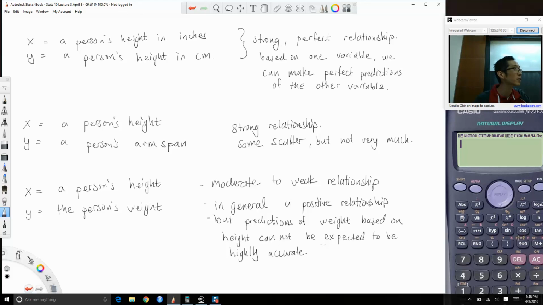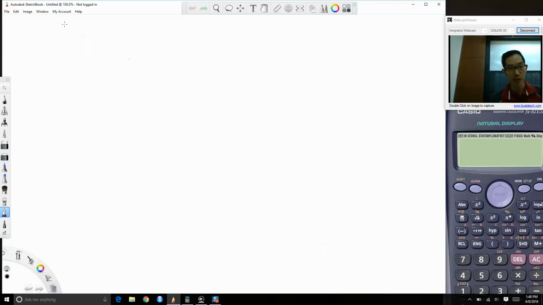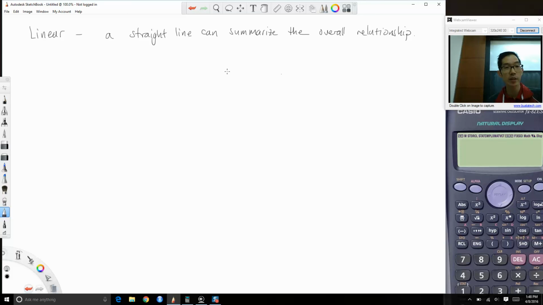Okay, and then lastly, let's talk about linear versus nonlinear. Okay, so linear would just mean a straight line can summarize the overall relationship. And nonlinear would mean anything where a straight line does not work.